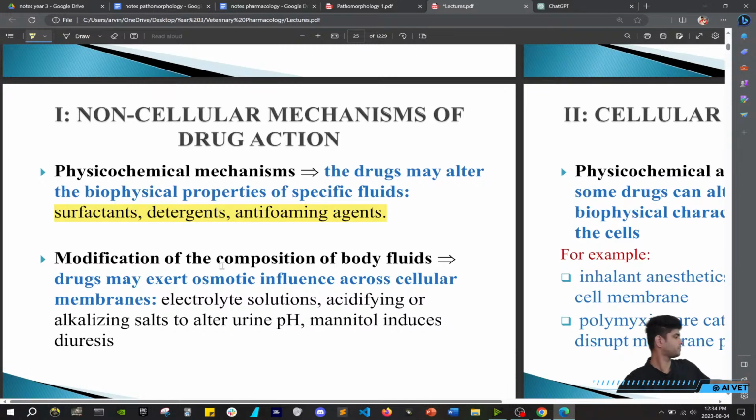Modification of the composition of body fluids. Osmotic influence, yeah, this is one of the things, right?